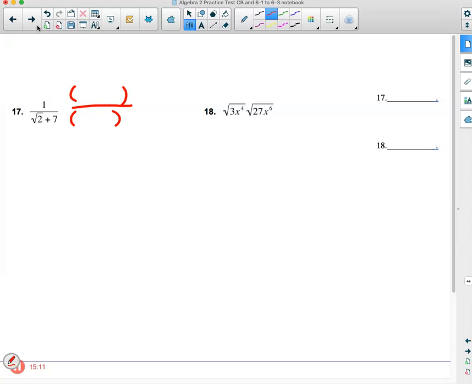Yeah, the opposite. Fancy name, the conjugate. You know, it's the sum and difference pattern. So if that's the square root of 2 plus 7, we need the square root of 2 minus 7. And again, your focus is on the denominator. So go ahead and do your full on the bottom there.